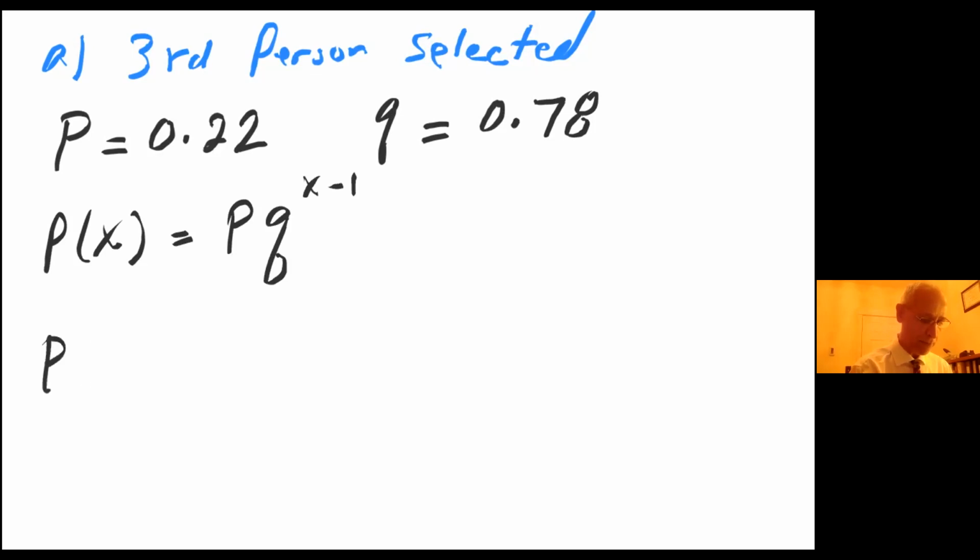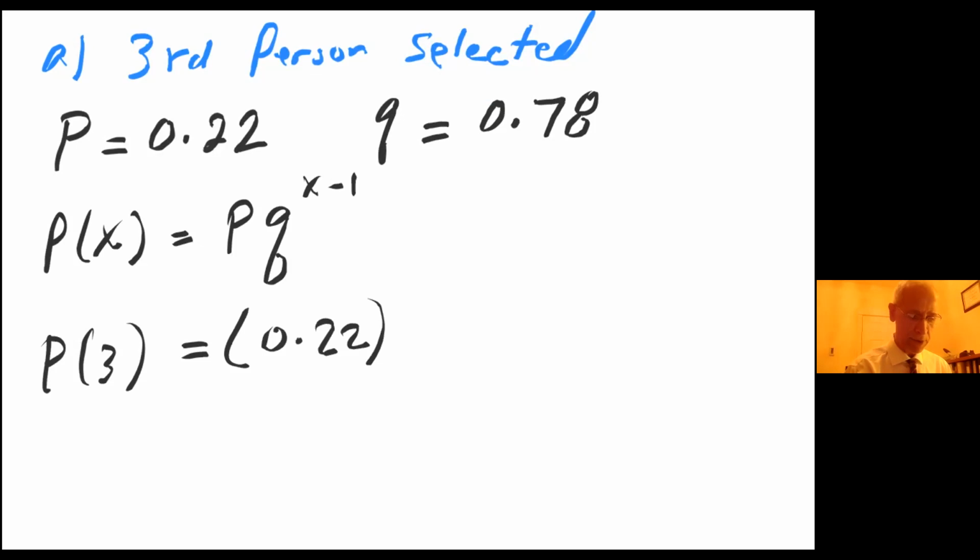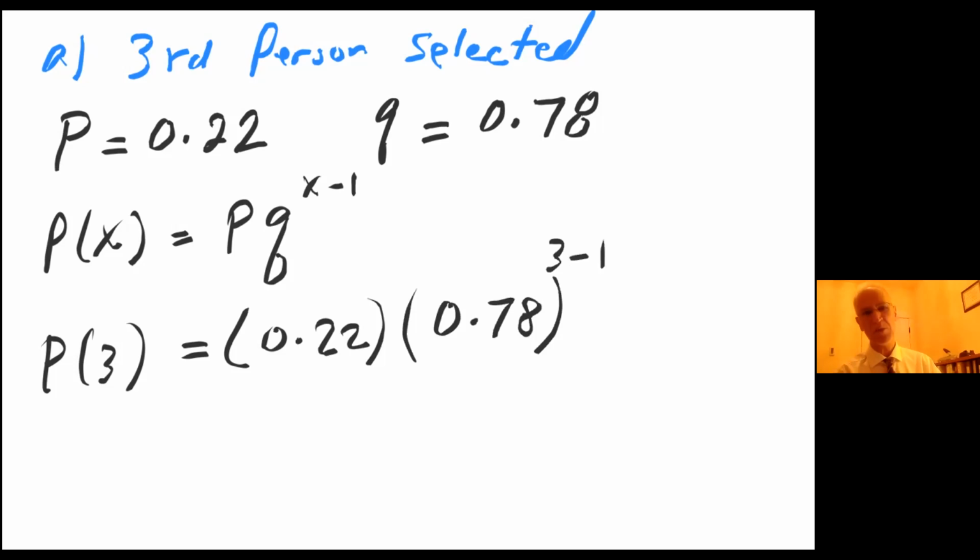So P of 3, the third person, equals 0.22 times the Q, which is 0.78, to the power of 3 minus 1, which is 2. Okay, I already put that in my calculator.